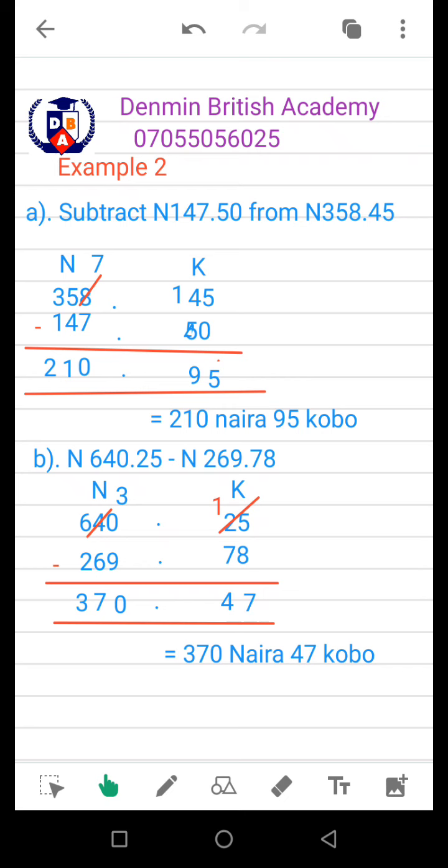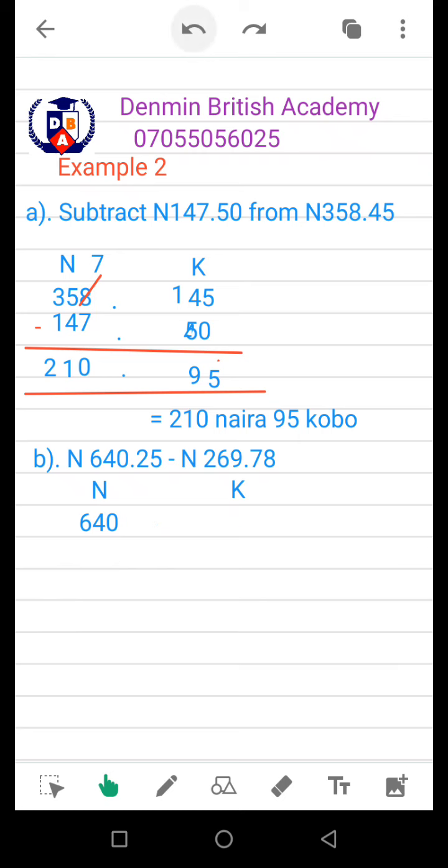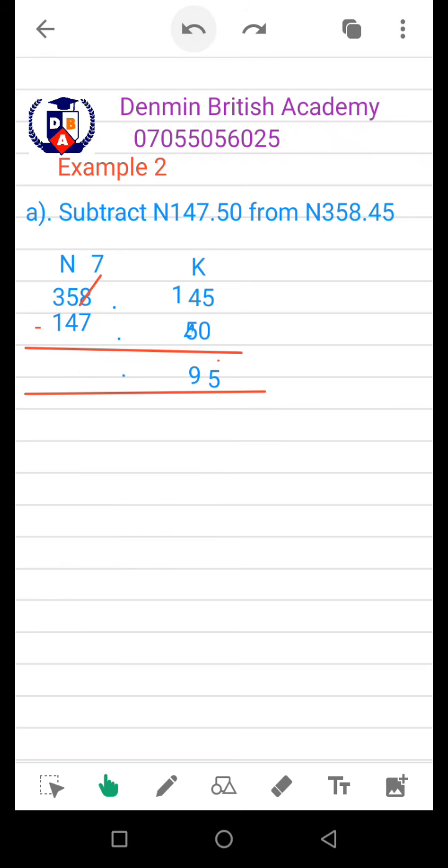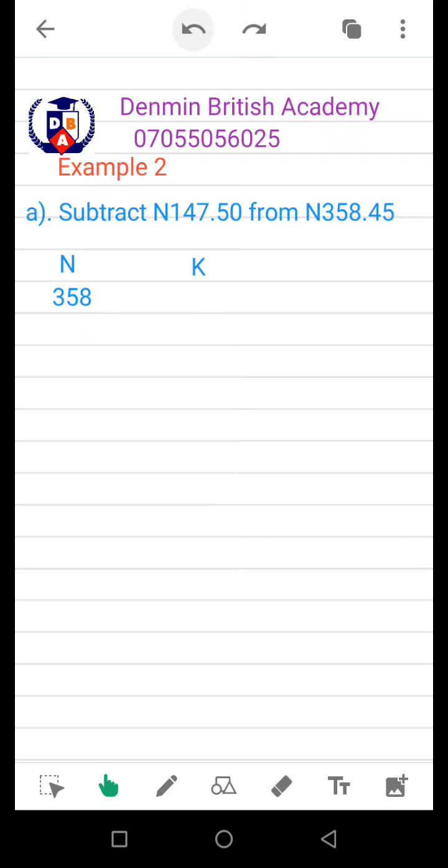Example 2 is subtraction. We are to subtract 147 naira 50 kobo from 358 naira 45 kobo.